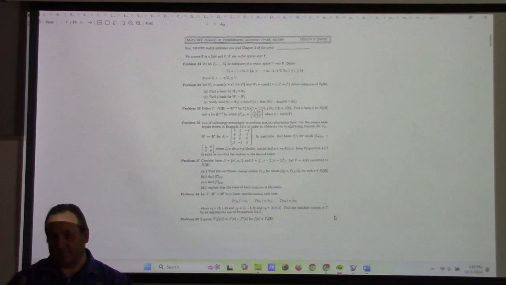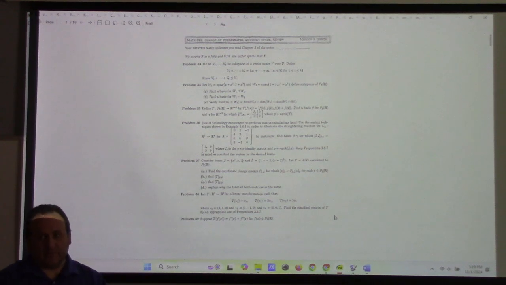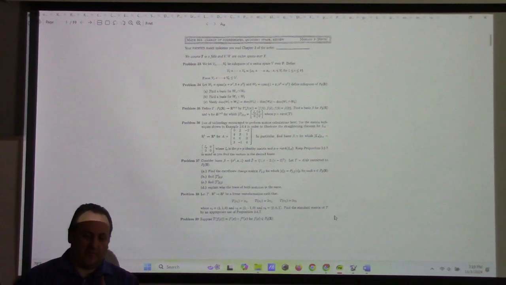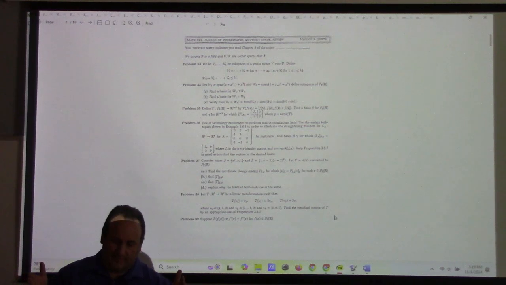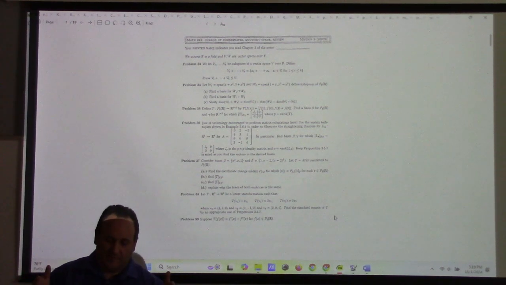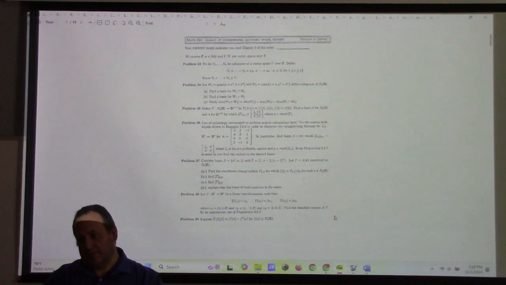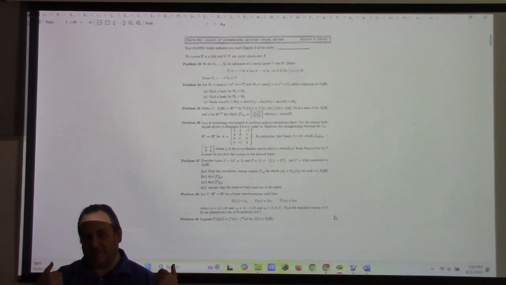So the dimension of the null space is the dimension of the kernel, and the dimension of the column space is the dimension of the image. As such, the number of columns in the matrix is equal to the dimension of the column space plus the dimension of the null space, which is equal to the dimension of the kernel plus the dimension of the image. But on the other hand, the number of columns is also the number of things in the basis for your domain of the transformation, right?